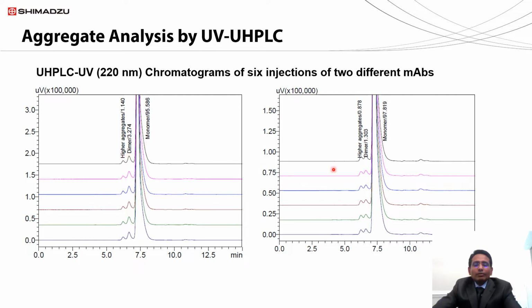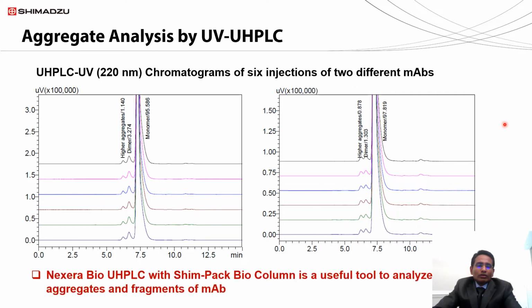For other mAbs, same thing: higher aggregates, dimer and monomer, and they are highly reproducible. That means the peaks didn't shift from each other, which reflects that Nexera bioUHPLC with Shim-pack Bio column is a useful tool to analyze the protein aggregates and fragments of this mAb.